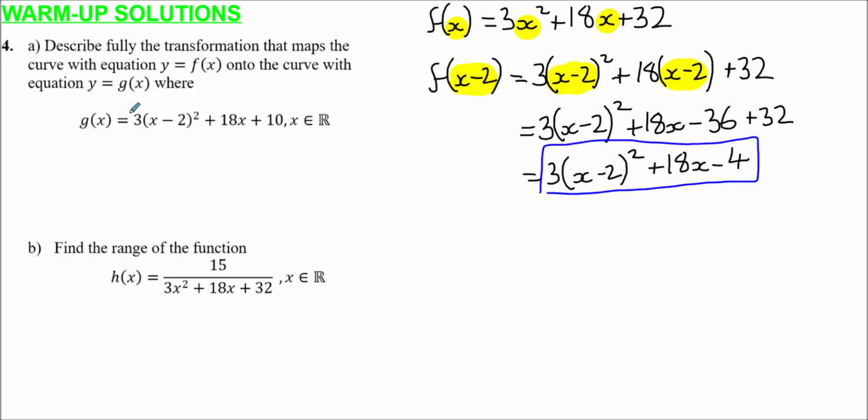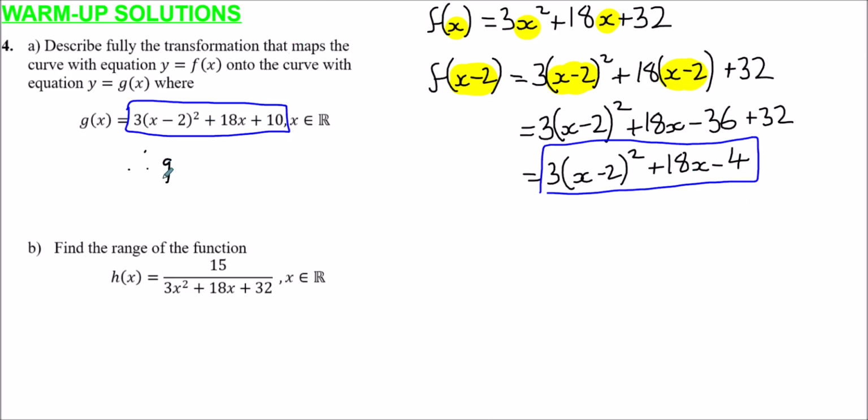Compare this to that. Almost exactly the same. 3 lots of x minus 2 squared, I've got that. I've got the 18x. But the minus 4 has increased to plus 10. So it's this here is f of x minus 2 plus an extra 14.